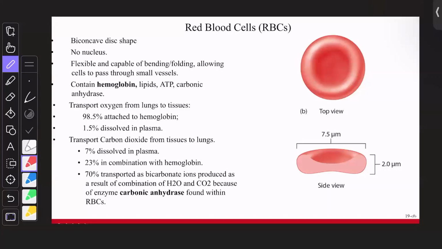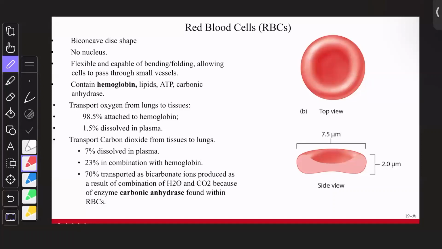Carbon dioxide can also be dissolved in the plasma, a slightly larger percent, 7%. You don't need to know the numbers, but again, you should know the relationships, right? I'm less concerned about specific numbers that you can always look up, and more concerned about you actually understanding the relationships between these things.